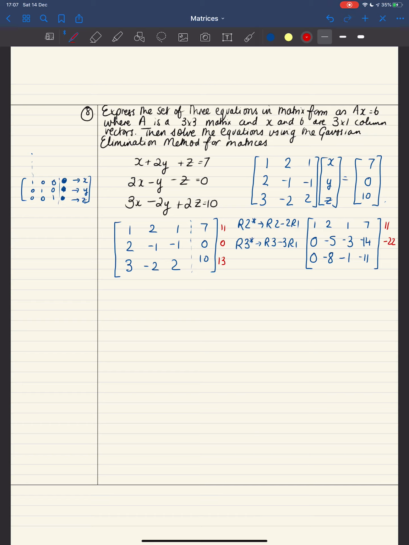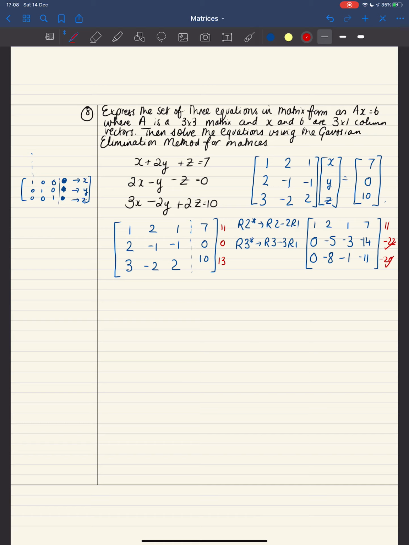And do they? Minus 14 minus 8 is minus 22. And the next one is 13 minus 33 over here. 13 minus 33 is minus 20. Do these add up to minus 20? Yes, they do. Okay, so I'm pretty certain I've got those right.